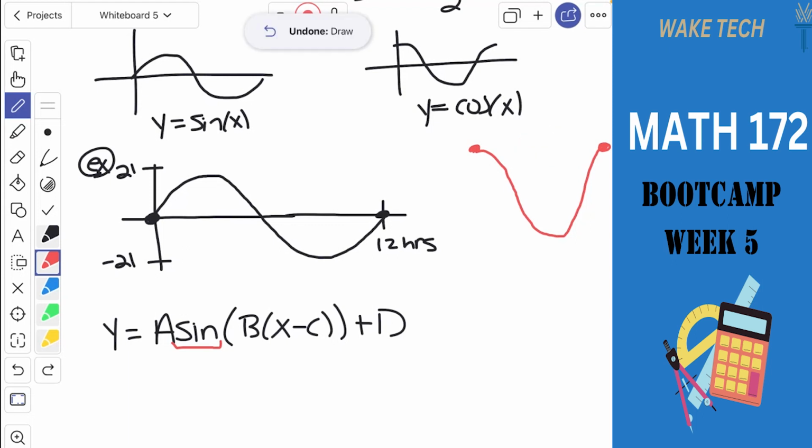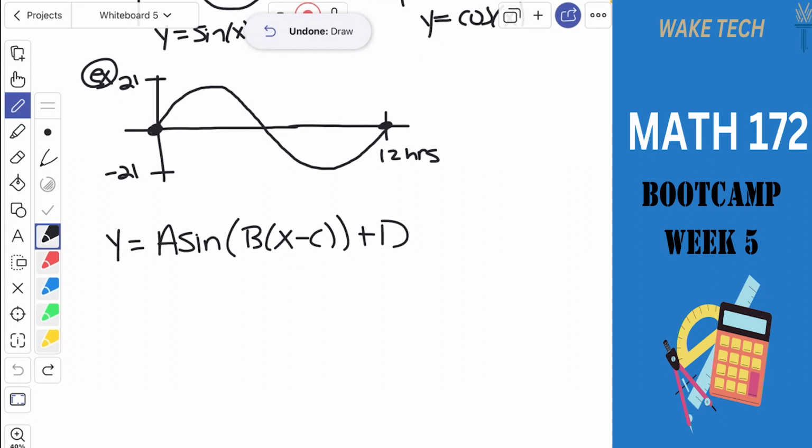Sometimes it may not match either, so in that case you would pick either one you want. But in the event that the context actually says a sine cycle is what we should use, or a cosine function is what we should use, then you should use the proper function. And in our case, that's the sine function.